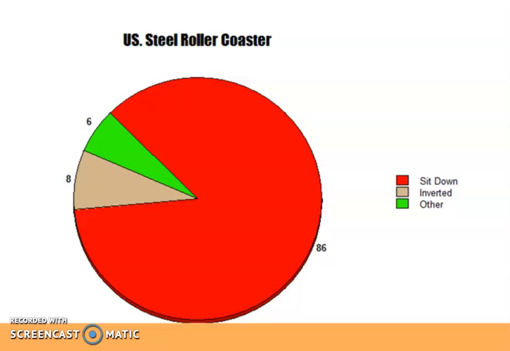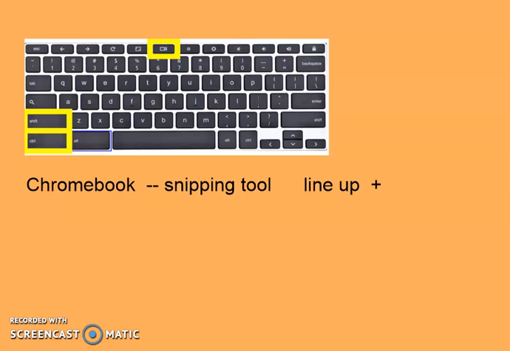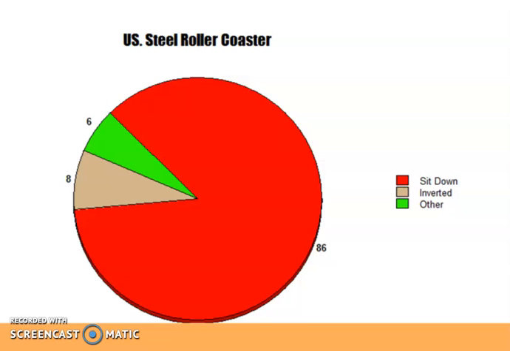Okay, there we go. So the question is, on your sheet that you have to turn in, how do you make a screenshot of what you want? I've got a procedure here for a Chromebook and for a regular Microsoft PC. I'm sorry, I don't know Apple if that's what you have.